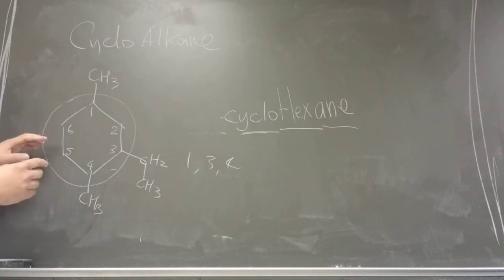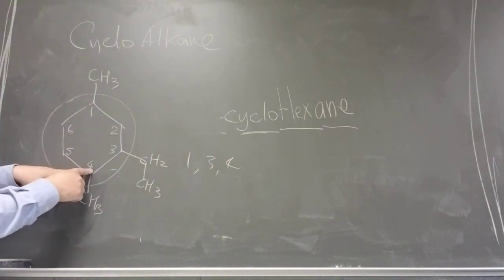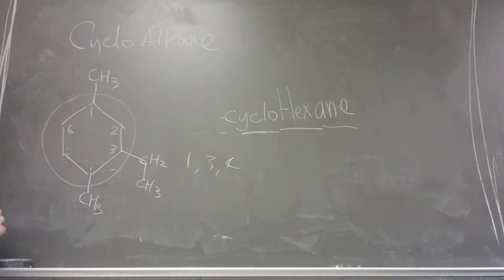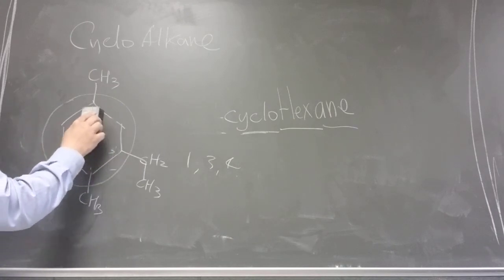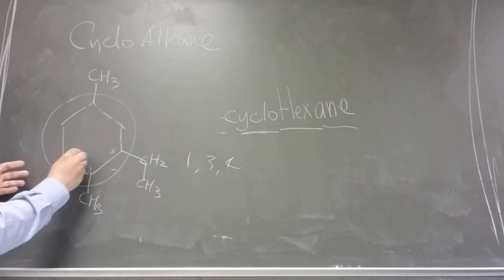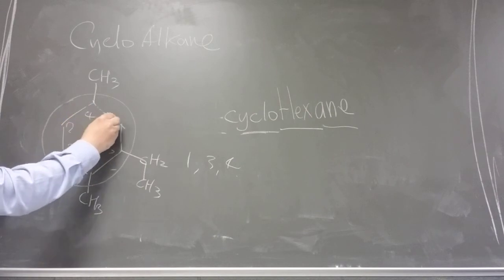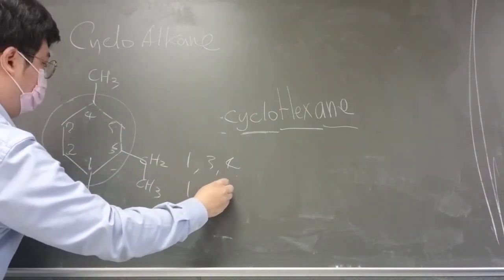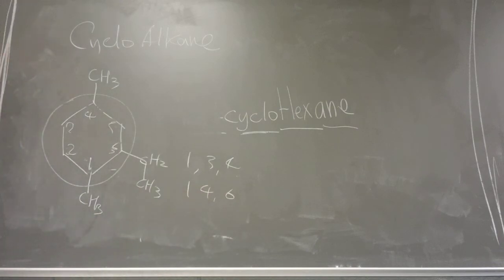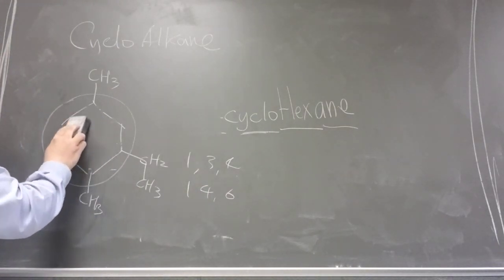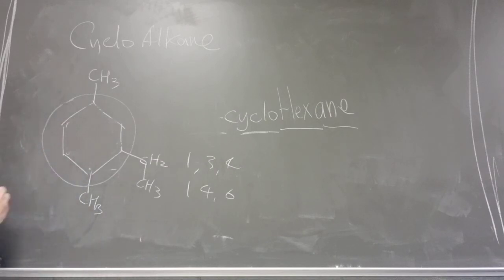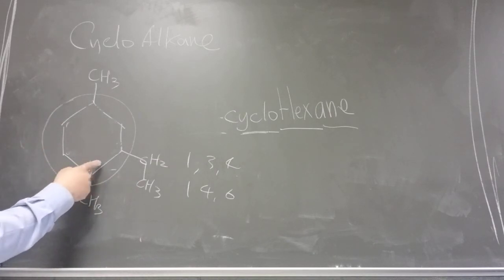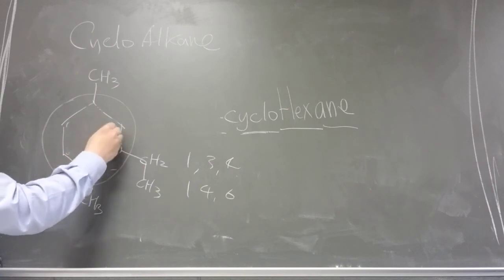Okay. But if you count the carbon from here, maybe clockwise, 1, 2, 3, 4, 5, 6. That'll be 1, 1, 4, 6. Okay. So maybe I don't like it. So maybe I'll number the carbon from here, but counterclockwise.